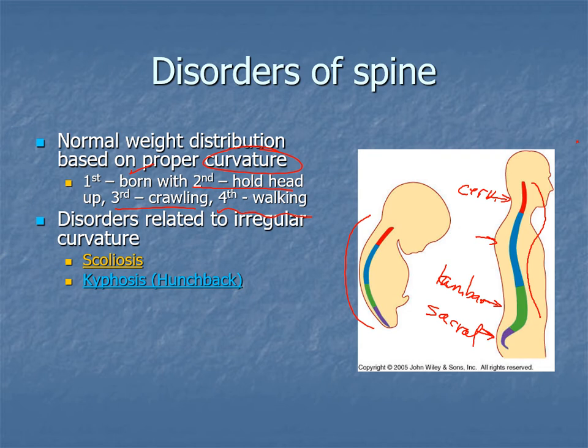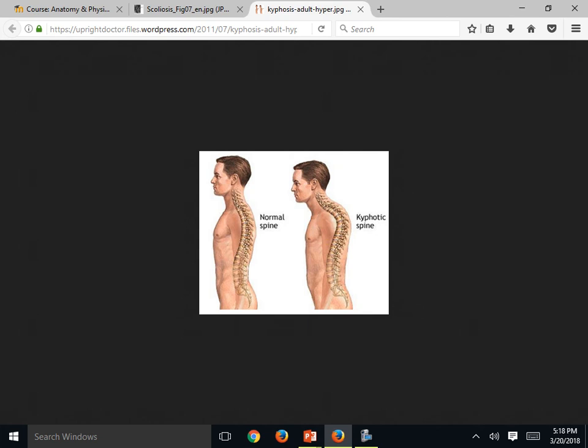Okay. Second condition would be kyphosis. And kyphosis is sometimes called the hunchback syndrome or the hunchback condition. That's a condition where you have an exaggerated thoracic curvature. So we've got a normal spine pictured here, a kyphotic spine. We've got an exaggerated thoracic curve. So it's still the normal curve, but it's just an exaggerated form of it. And so it ends up looking like kind of a hump on the back.